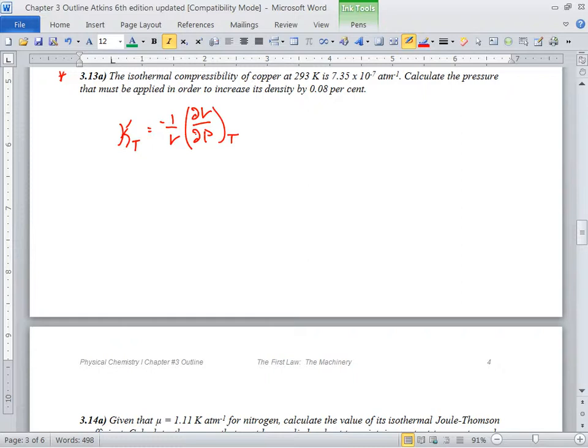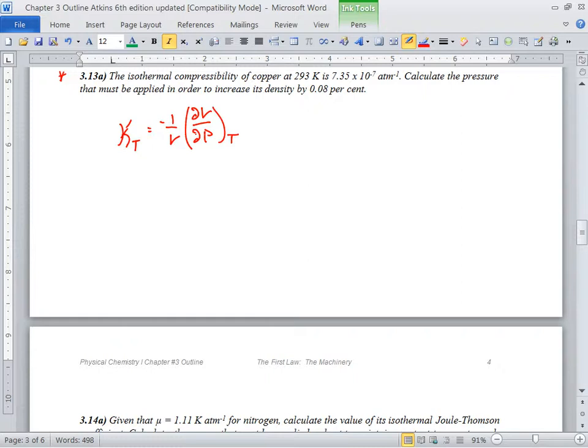Isothermal compressibility, so I just slap that equation down. Done. And then look what it's after. It's after the pressure. The pressure is one of the differentials. So what's the solution? You're going to have to integrate.